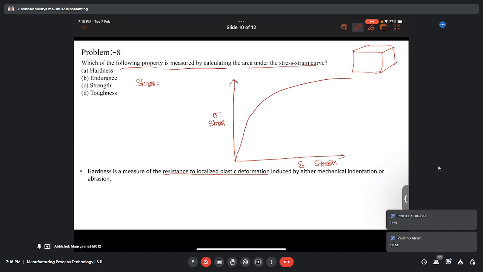Yes, UTM. Yeah, correct. What do we do in the UTM? So what I will do, I will take a sample of material out of it, which is called a tensile specimen. It looks something like this.